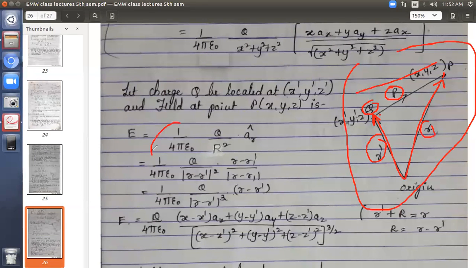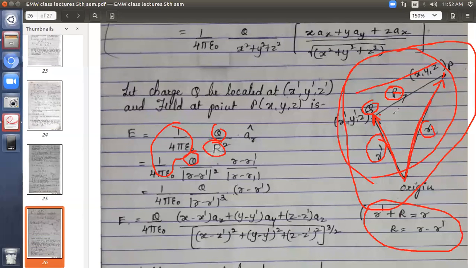1 by 4 pi epsilon naught I have written as it is. Q is as it is in the numerator. In the denominator it is r square, this position vector square. How to find the position vector? Using vector addition, I have written it here, you can check. Check the directions: from the origin these two are split.